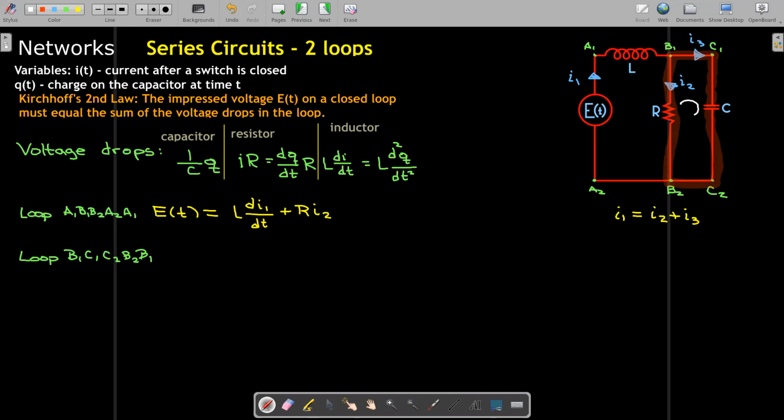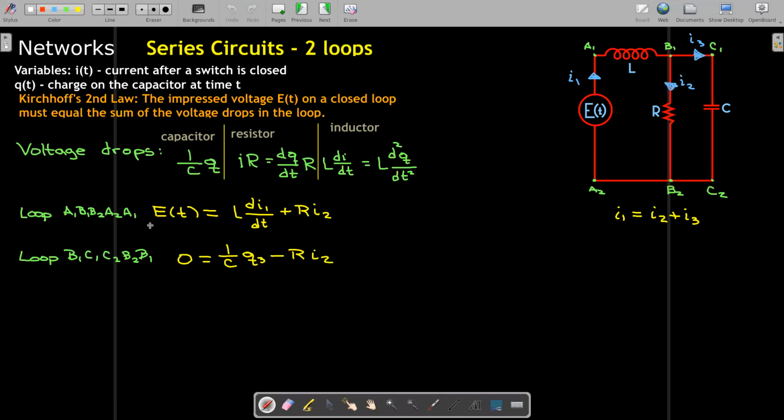I'm starting at B1, going to C1, then to C2, B2, and B1. Well, when I'm going from B1 to C1, I'm going in the direction of the current. And same thing down to C2, all the way over to B2. But once I hit B2, I am going against the current. And so that's going to show up as a negative sign.